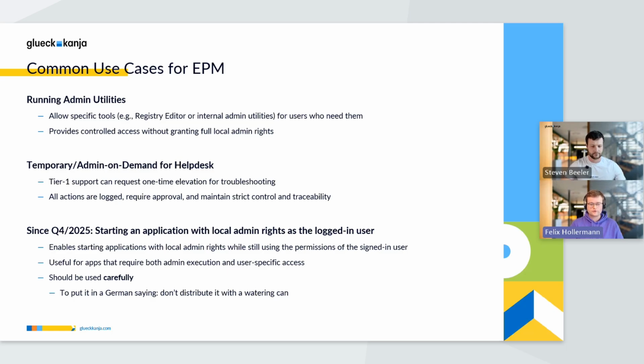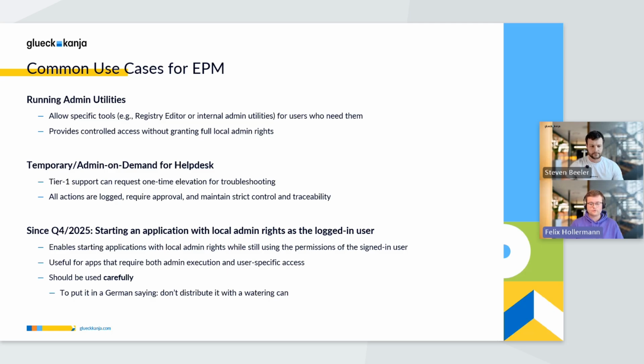And since the last quarter of 2025, you can start an application with local admin rights as the currently logged-on user. Some applications must be started as an administrator, but also require the access rights of the logged-in user.